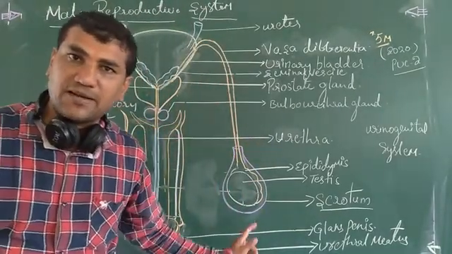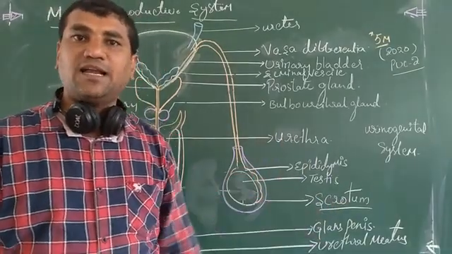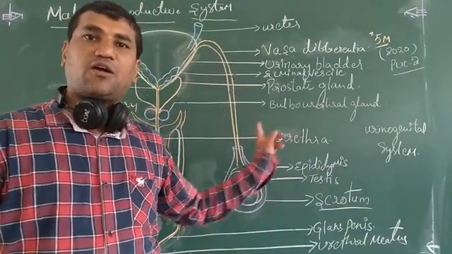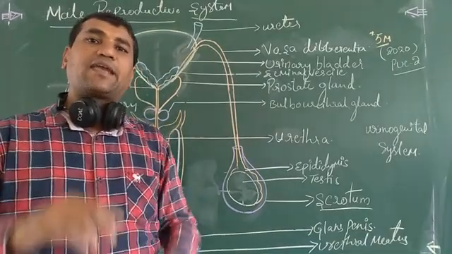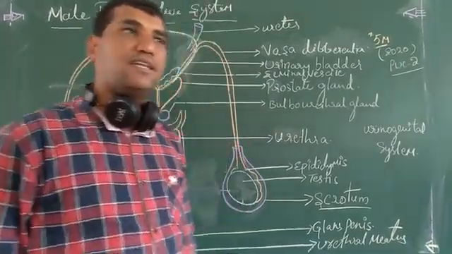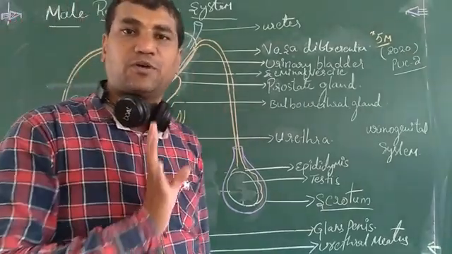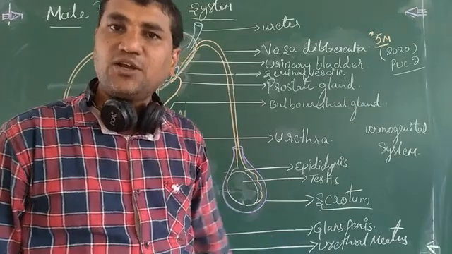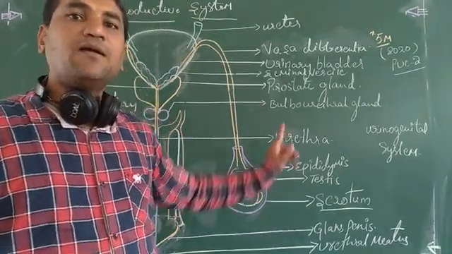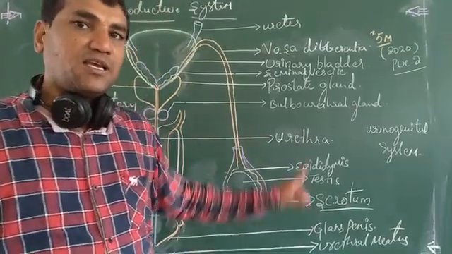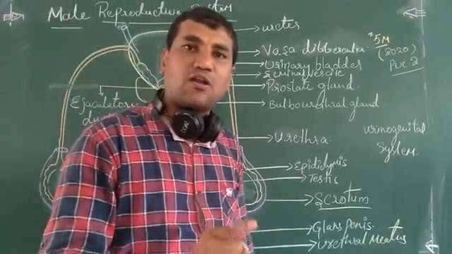These testicular locules internally have highly coiled structures called seminiferous tubules. We will come to the seminiferous tubules with the diagram once again in the next diagram. These seminiferous tubules are present in the testicular locules.